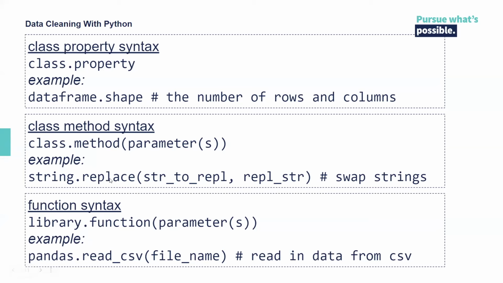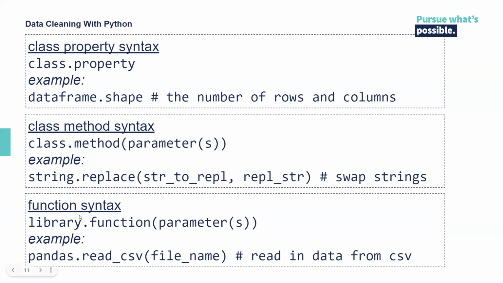What that replace method does is it looks in a string for a particular substring, and then it replaces that substring with whatever you tell it to replace with. So if we have a string, we could say string.replace, and then the first parameter is going to be the string that we're looking for to replace, and the second parameter is going to be the string that we're going to replace that string with. Okay, so that's how the syntax of methods goes.